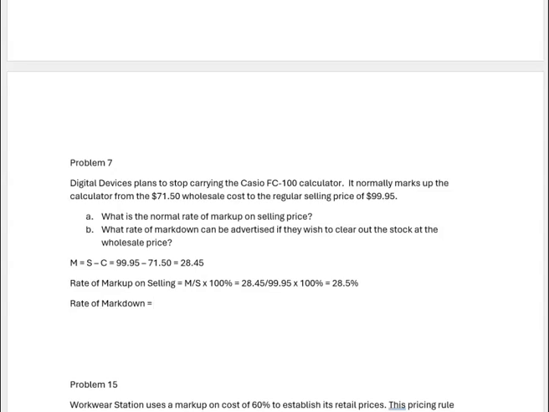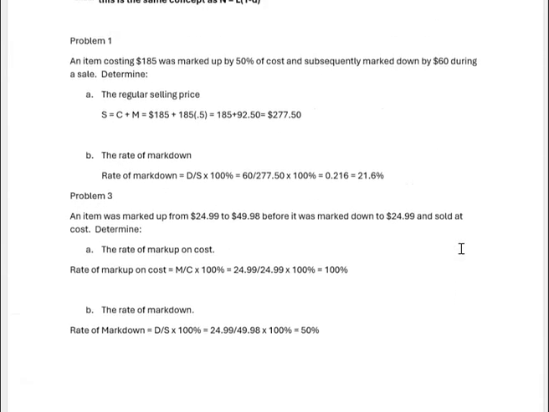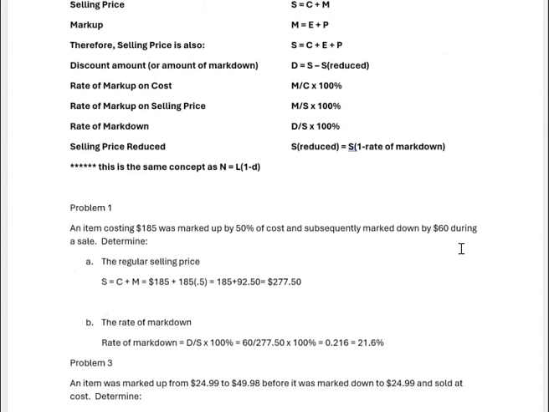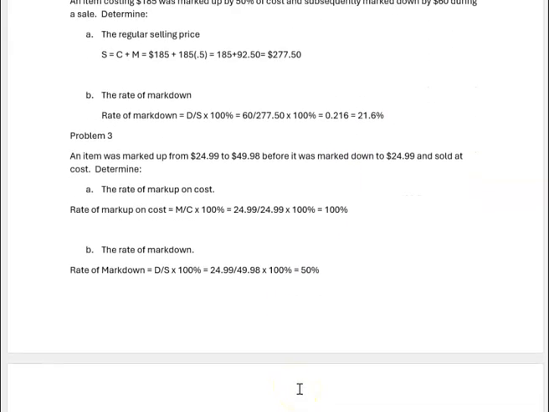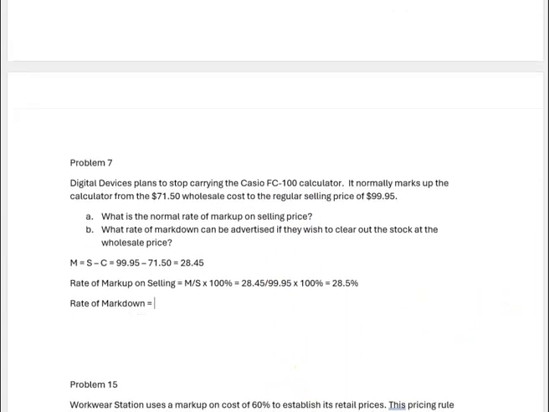Let's go up and see what our rate of markdown is. Rate of markdown is your discount amount divided by selling, multiplied by the 100%.